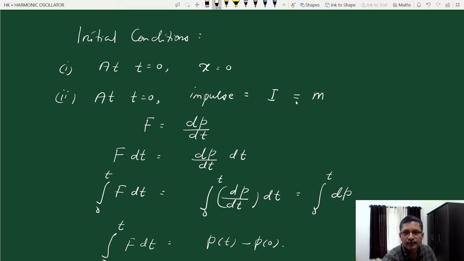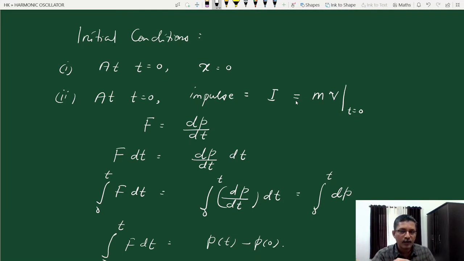That is mv, mass into velocity at the initial time, at time 0, because there is no prior momentum. Impulse is change in momentum. But here the impulse is the force for a short interval of time that imparts the momentum.